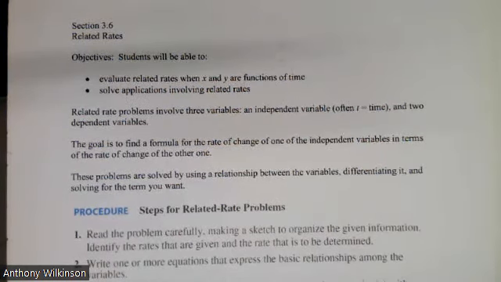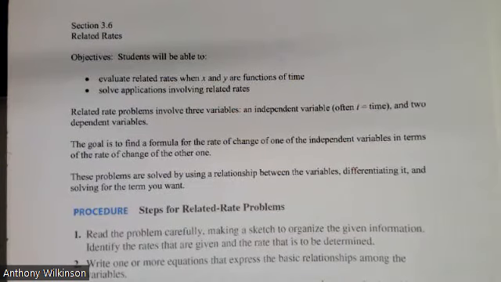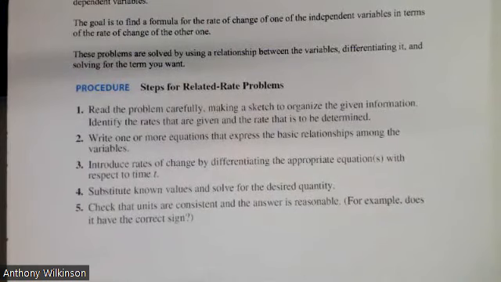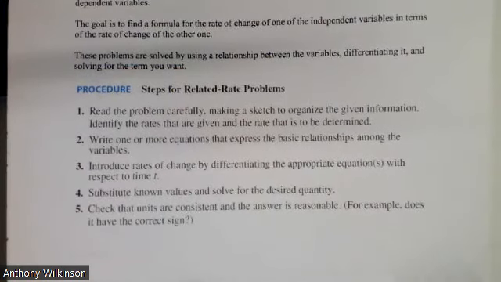So on the first page of your handout is a procedure for solving related rate problems. Number one, read the problem carefully, making a sketch to organize the given information. Identify the rates that are given and the rate that is to be determined.